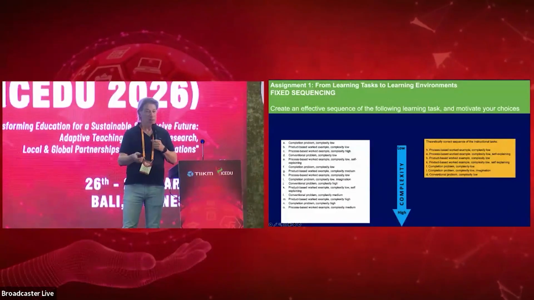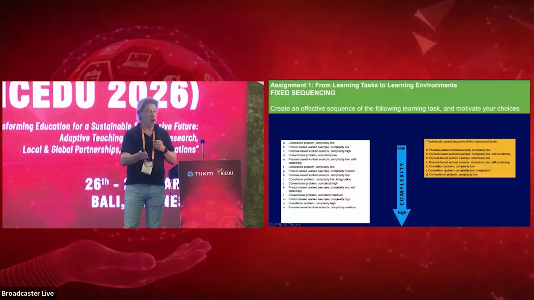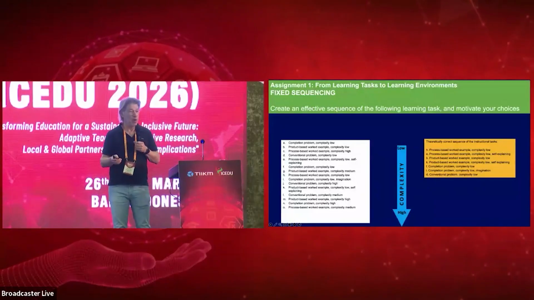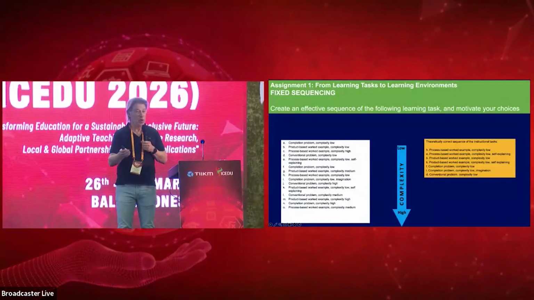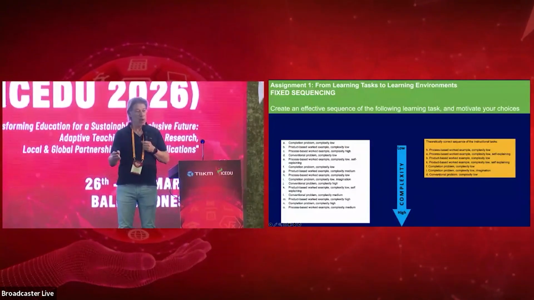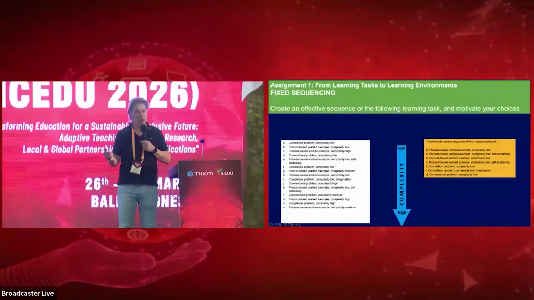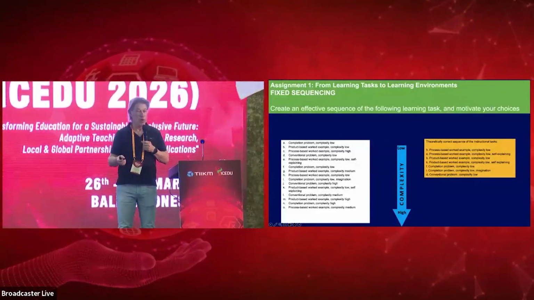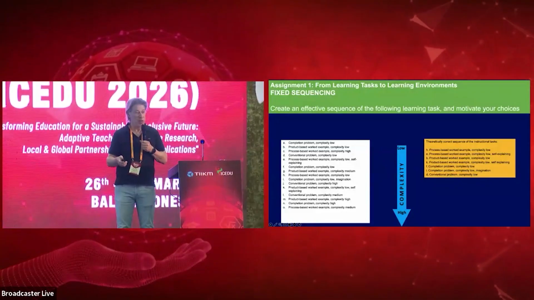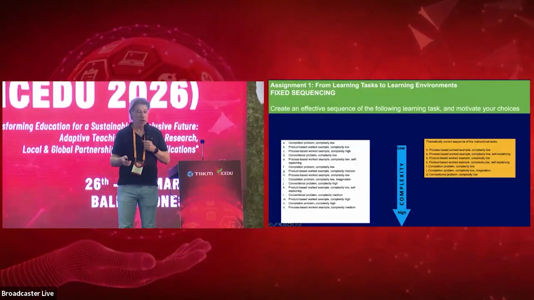But within these problems, you start with the highest guidance, and the highest guidance is presented by process-based worked-out examples, because they show you what the solution is, and also why you have to take the steps that are shown. So they present all the information that you need to solve a problem, and you only have to study it. So that is full guidance.